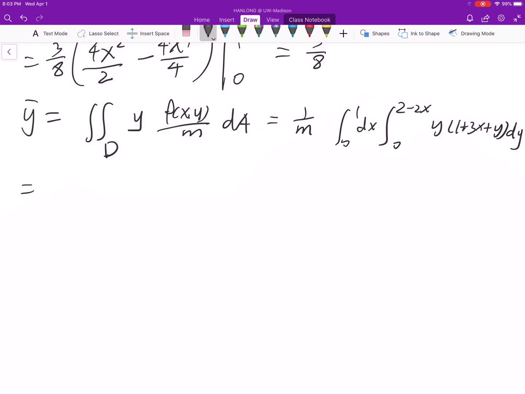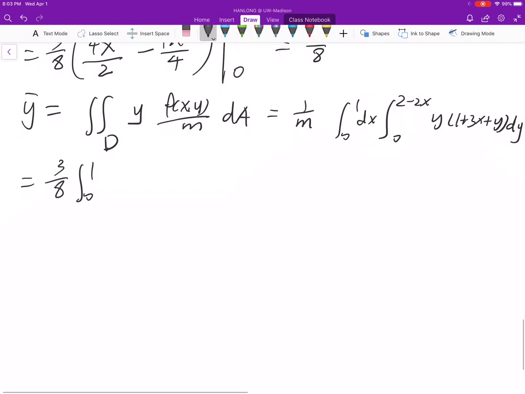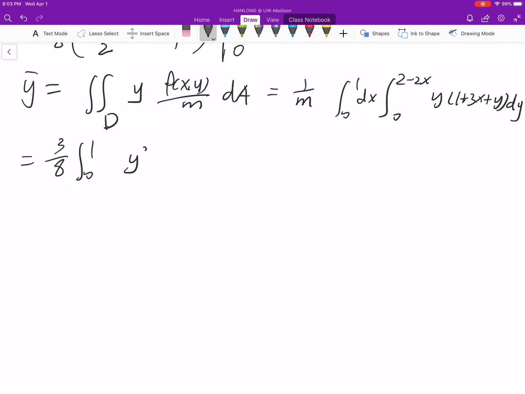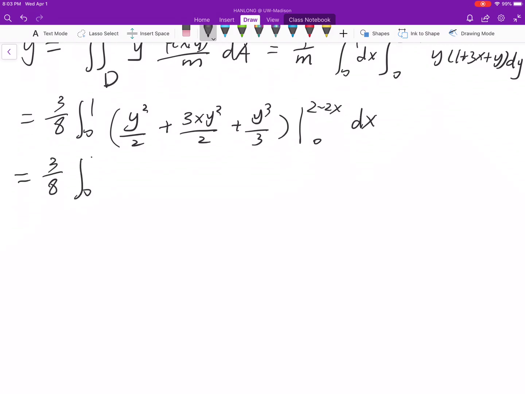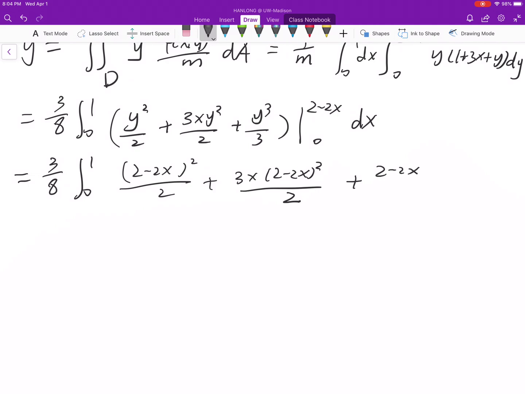Okay, then you have 3 over 8 integrate from 0 to 1, and inside you have y squared over 2 plus 3xy squared over 2 plus y cubed over 3, from 0 to 2 minus 2x, dx. So 3 over 8, integral from 0 to 1 of 2 minus 2x squared over 2 plus 3x times 2 minus 2x squared over 2 plus 2 minus 2x cubed over 3, dx.